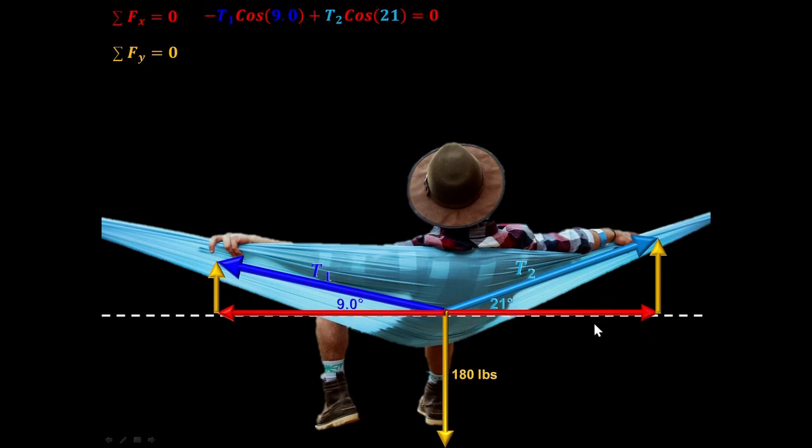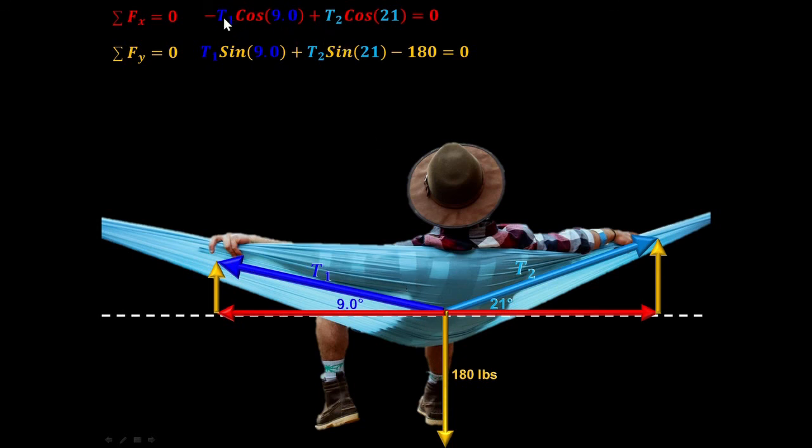And this component here is going to be this tension times the cosine of that angle. Those are the only two forces, and they have to add to 0. In the y direction, this is pulling up, and T1 times the sine of that angle would be that component. T2 times the sine of that angle would be this component. And then we have this pulling down as well.